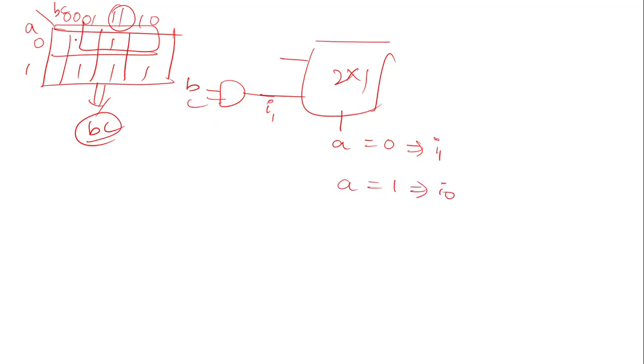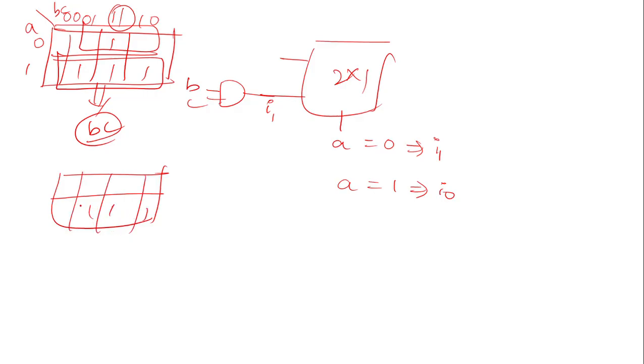So I0 is nothing but this second row. Here we can see how you are going to combine the K-map. First you have to combine these two, and for this you can combine these two. Why don't you combine these two vertically? We only consider horizontal, not vertical. That's why you can combine only like this.